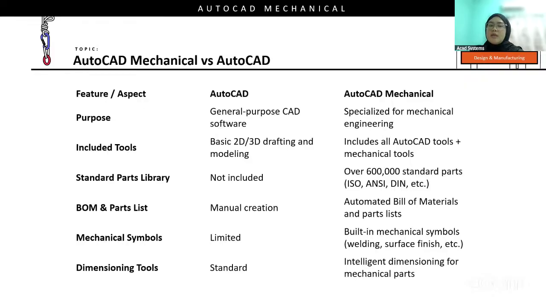In AutoCAD it is very limited, but in AutoCAD Mechanical, we have built-in mechanical symbols such as welding, surface finishing, etc. The next one is the dimensioning tools. In conventional AutoCAD, it is standard dimensioning only. For AutoCAD Mechanical, we have intelligent dimensioning for mechanical parts.